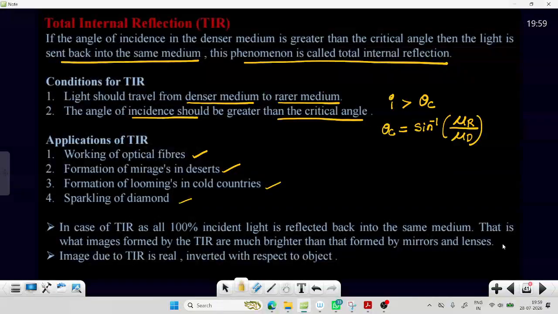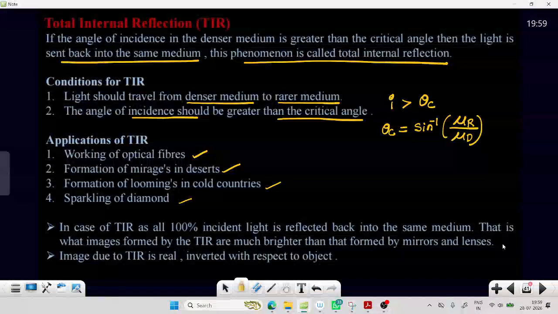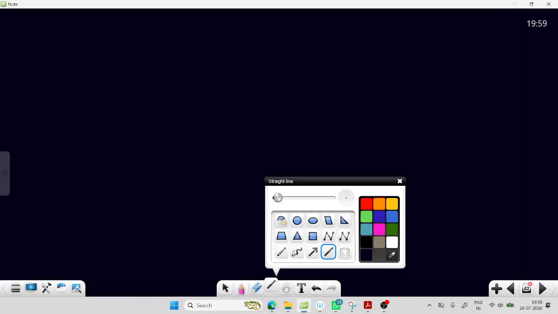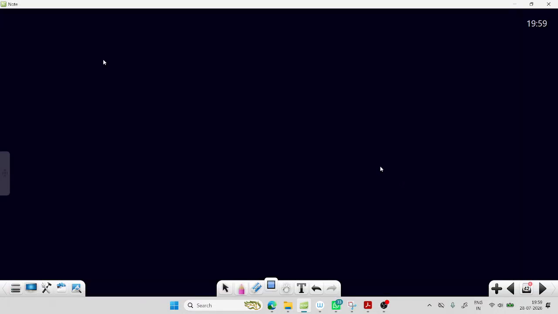So like this, the actual object is here. Let us consider some tall object, say a tall building or a tall tree. Now this is on the ground.